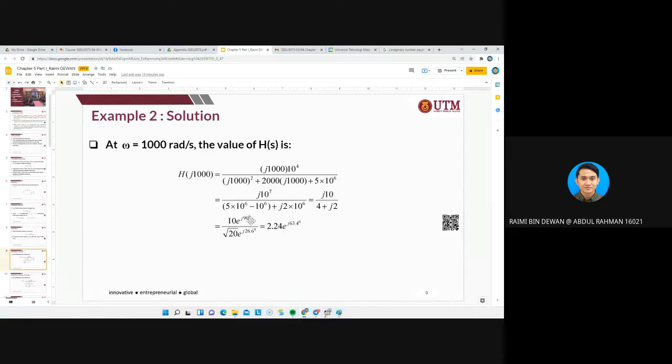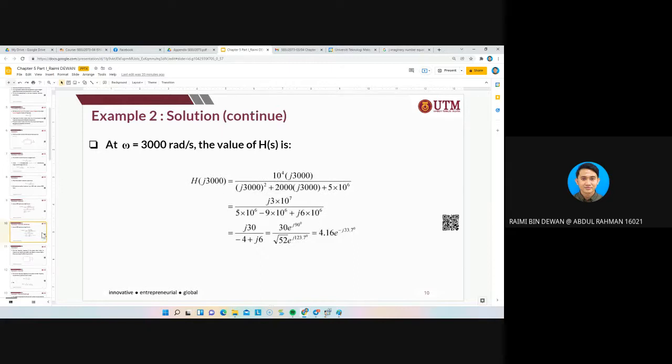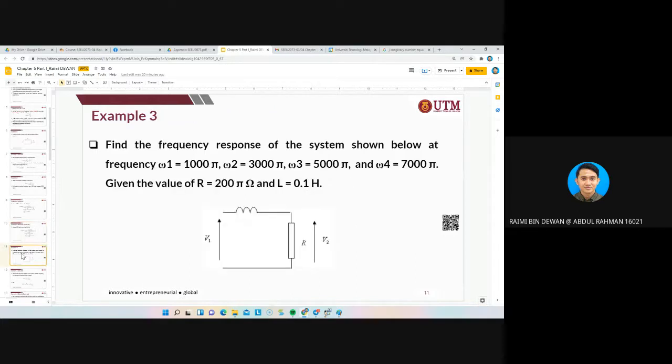And this one, because it is like index, so it is 90. It's 90 minus 26, so that's why you have 63.4 degree. Okay, same goes for omega equals to 3000. The number just changed, but it's still the same operations. You can try this at home.